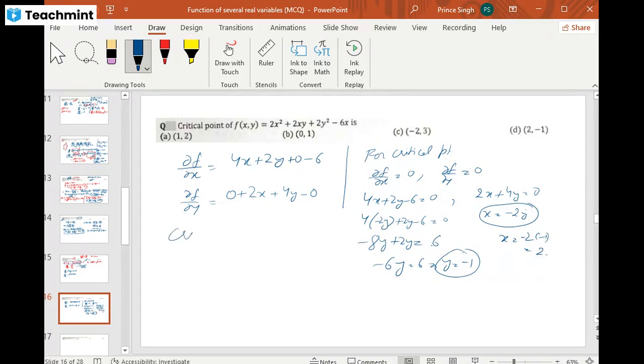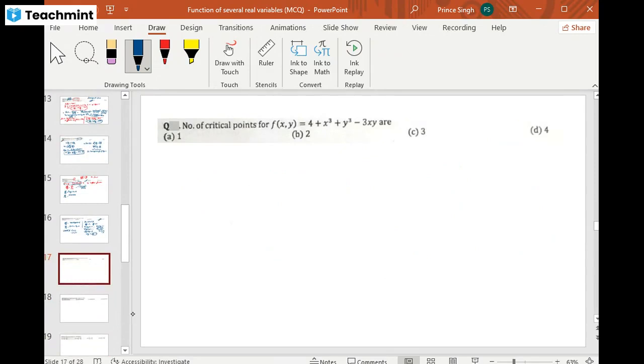So what is the critical point? The critical point is (x, y) = (2, -1). So the correct answer is option D. The critical point means the point where the partial derivatives are equal to 0.